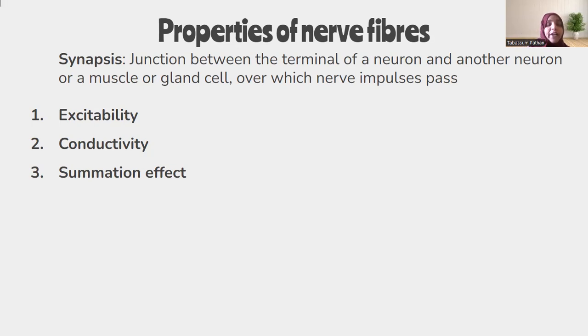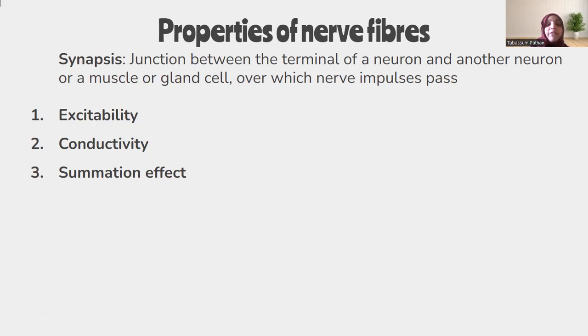So if there is a signal below the threshold value, then the neuron will not be excited. If it is more than the threshold value, then the neuron will be excited at the normal level for the minimal required threshold stimulus. So it will excite to that certain level only.